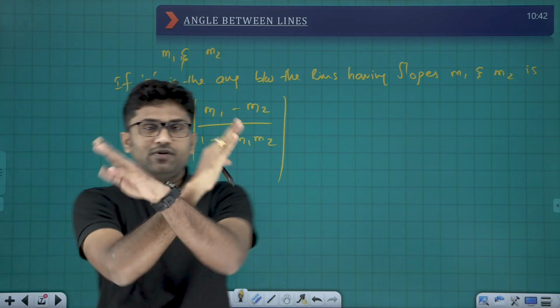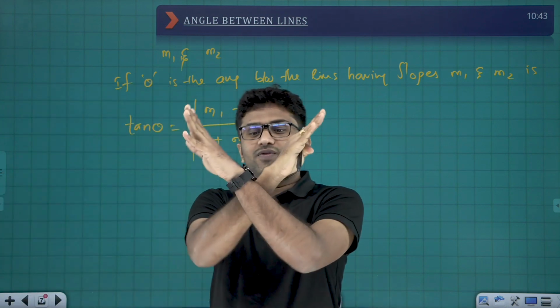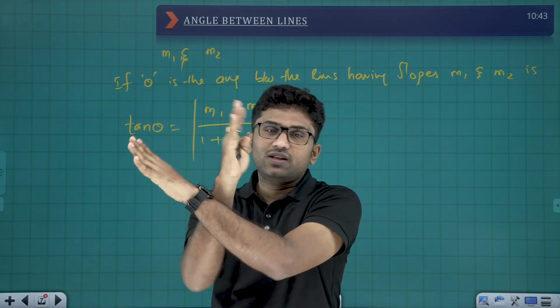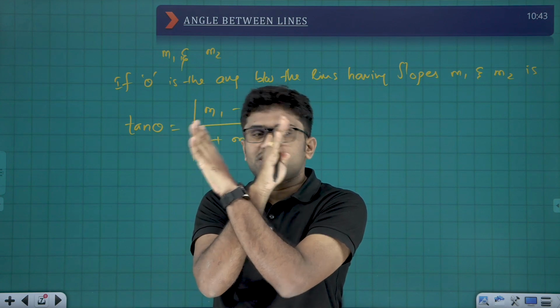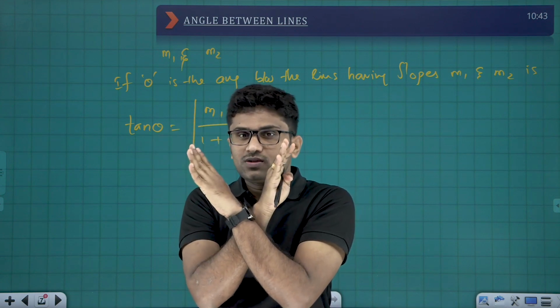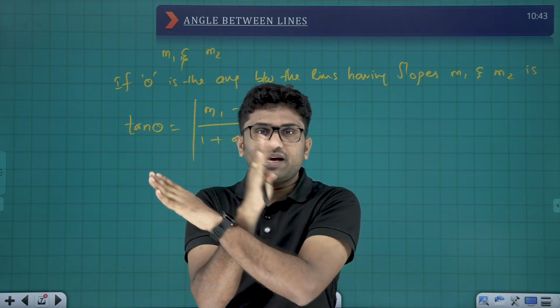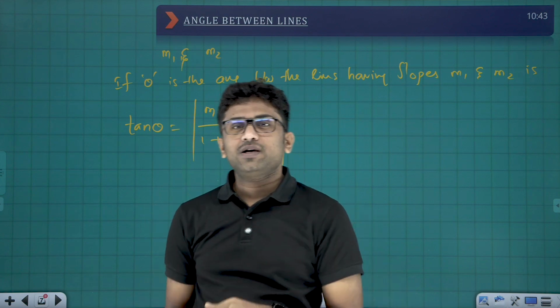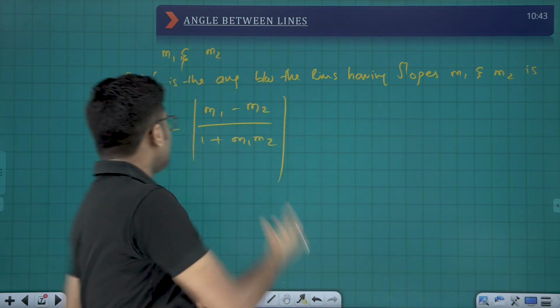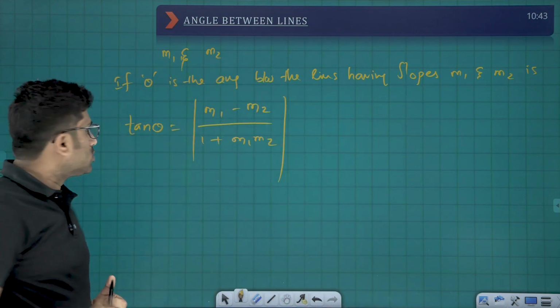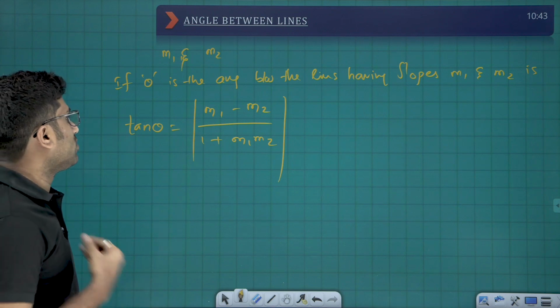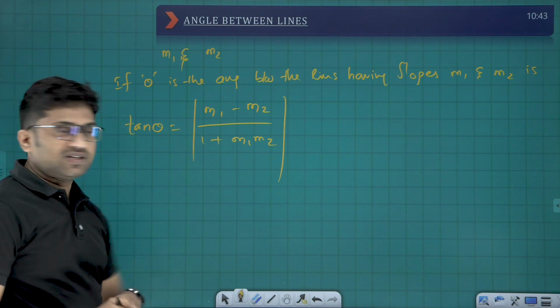Generally, the angle between two lines means one of two angles. If this angle is acute, then the other will be obtuse. So if this is 30, this will be 150. So you can say either 30 degrees is the angle or 150 degrees is the angle. Suppose I say theta is acute, then tan theta should be positive, no? So tan theta is equal to mod m1 minus m2 divided by 1 plus m1 m2.